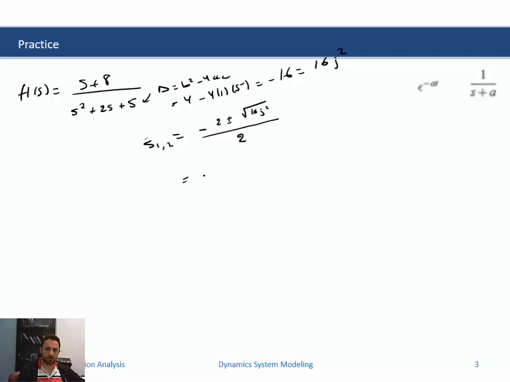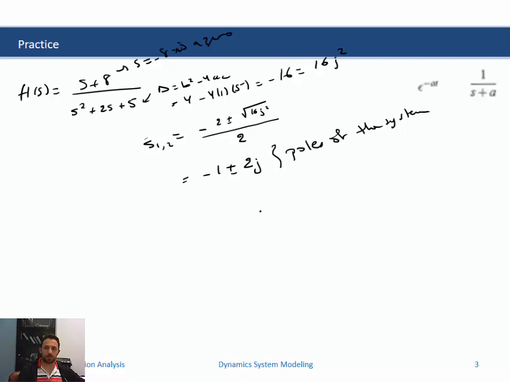So we end up with −1 ± 4j over 2, which is −1 ± 2j. Those are called the poles of the system, and s = −8 is the zero.